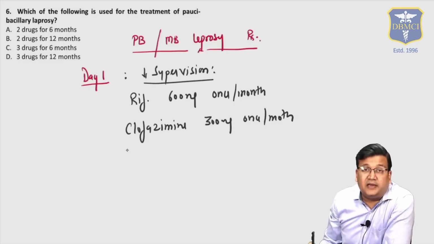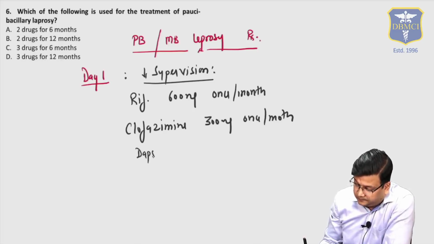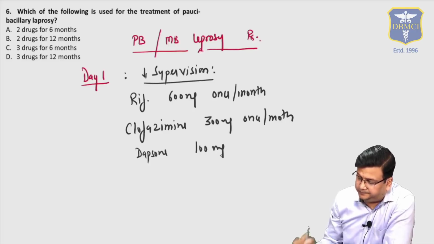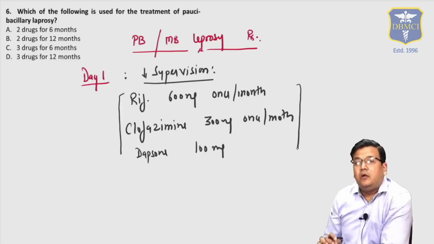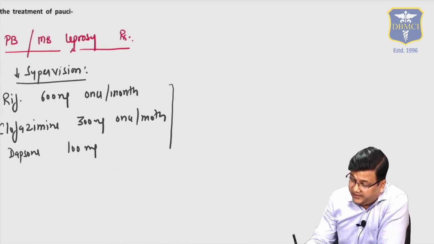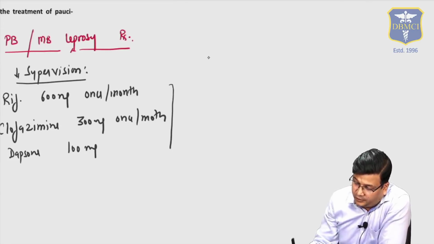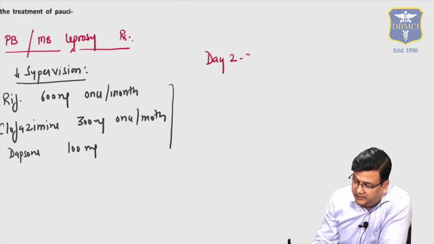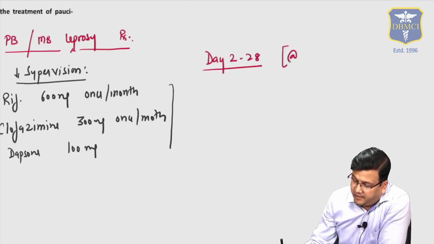And third drug he will take in front of the healthcare worker will be dapsone. Dapsone he will take 100 milligram. So these three drugs he will take on day 1 in front of healthcare worker. Then he will be given the remaining blister pack to be used in the remaining days of the month, day 2 to 28 at home.